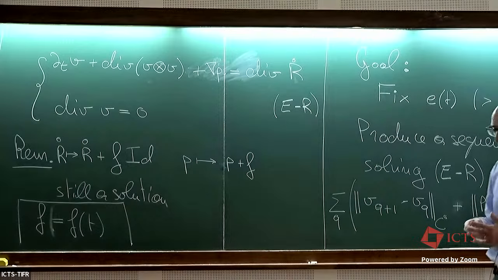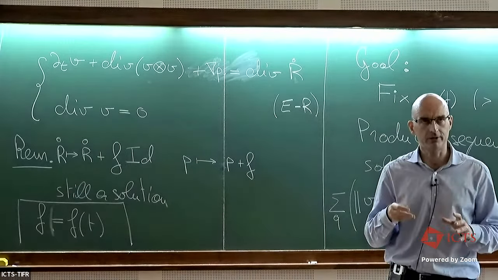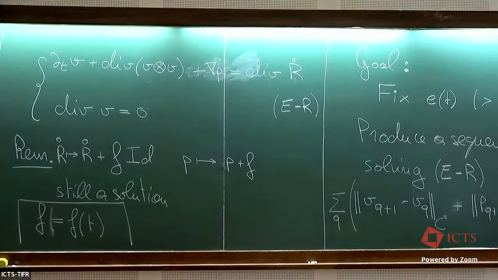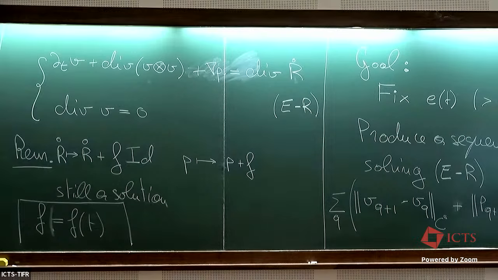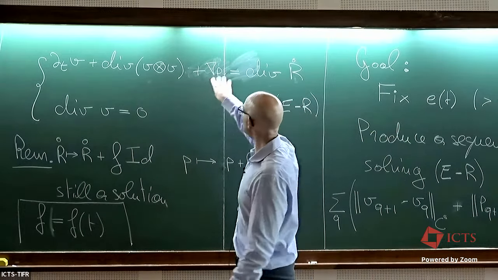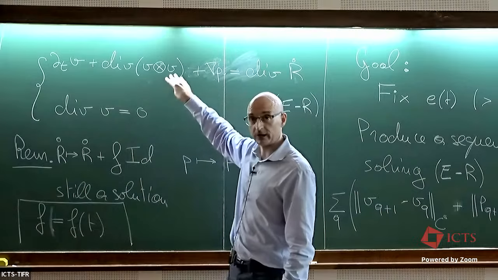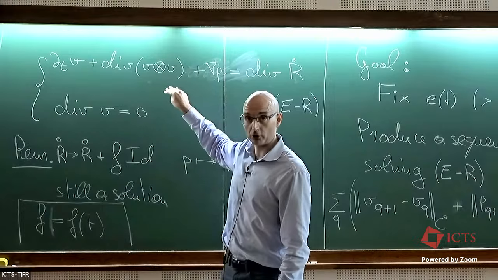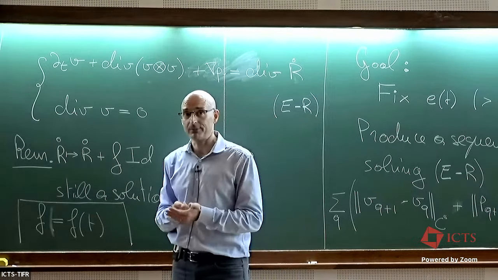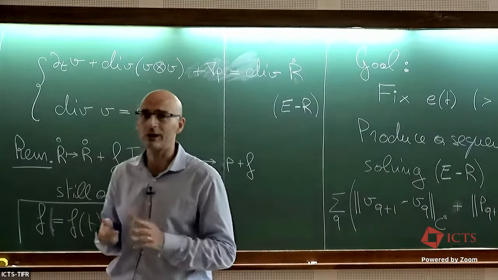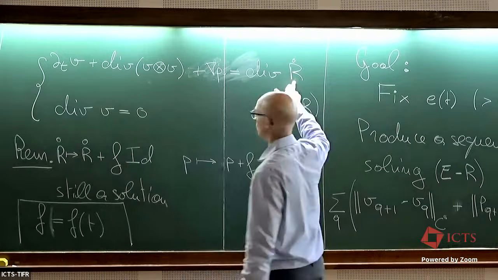So therefore, the goal is somewhat something like this. You are given a tripole VQ, PQ, and R circle Q with certain properties. I am trying to add a perturbation, which is going to make VQ plus 1 and PQ plus 1 much closer to being a solution of Euler. Which means in some sense that the perturbation that I'm adding, when I put it inside the equation, is going to cancel the error that I had on the previous iteration.